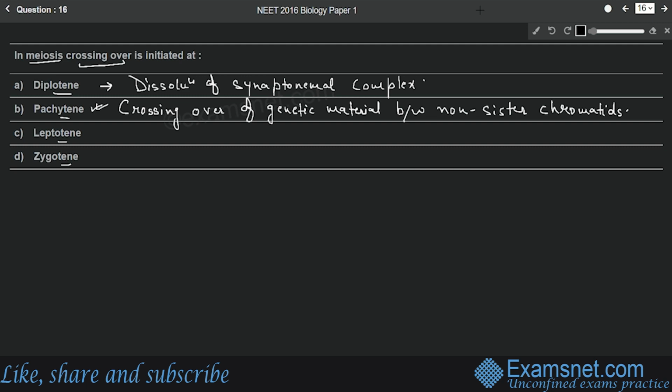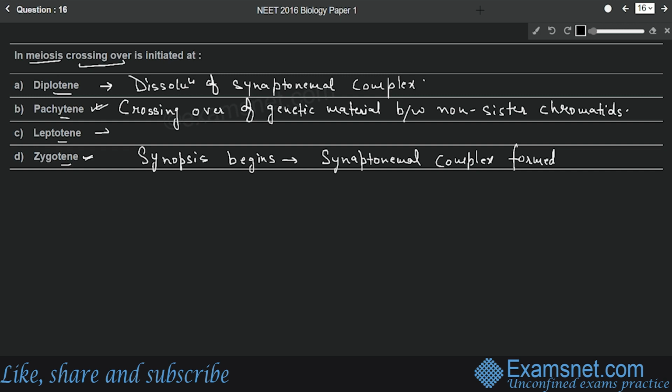It is formed in zygotene stage, because in zygotene, synapsis begins, and it leads to the formation of synaptonemal complex.